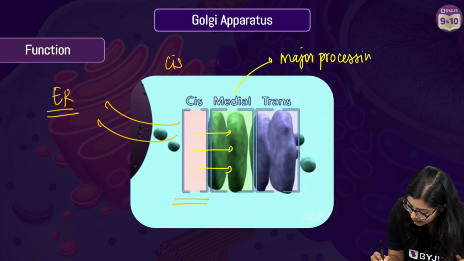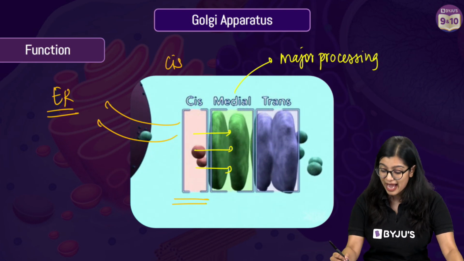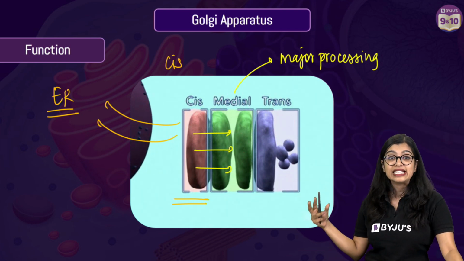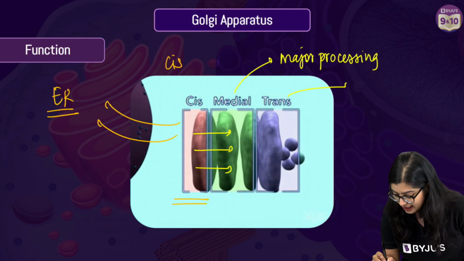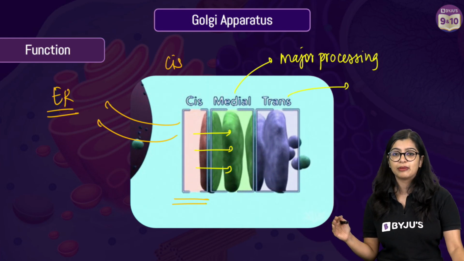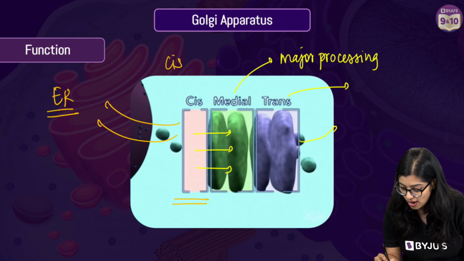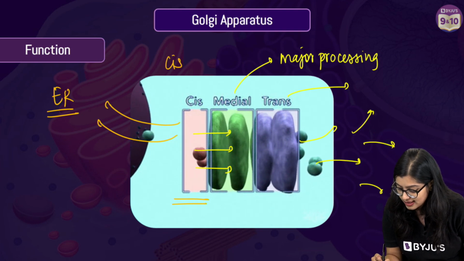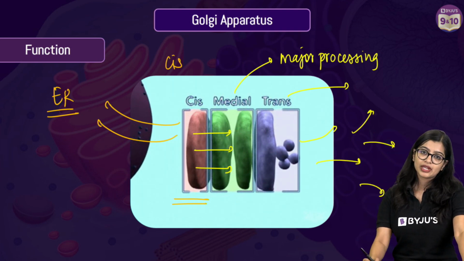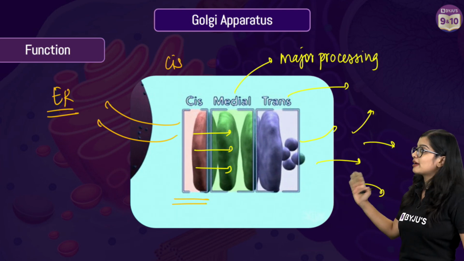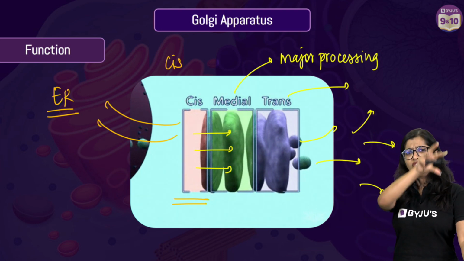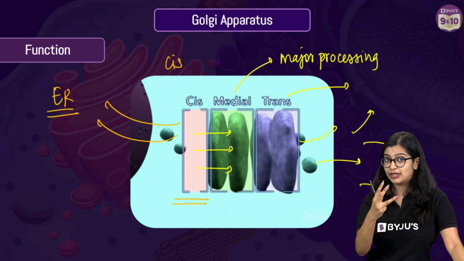So all the modification, all the changes, all the packaging takes place in the medial region. Finally, it reaches the trans compartment, where the vesicles are formed, and the vesicles are sent out to different parts of the body. So the 3 compartments show how the functioning of the Golgi apparatus happens, right?